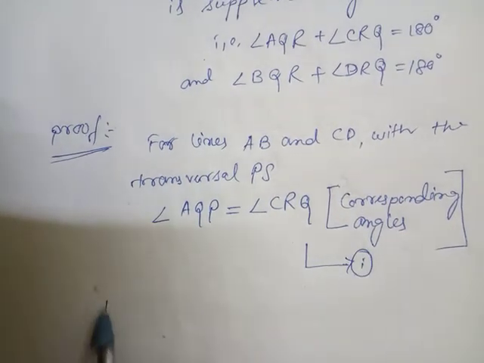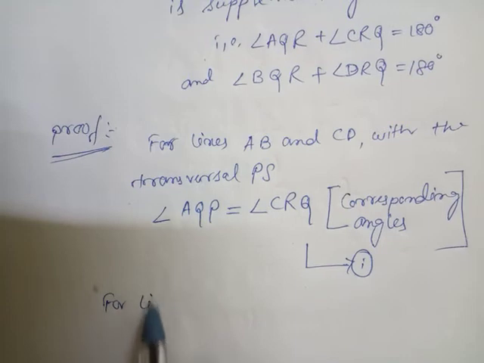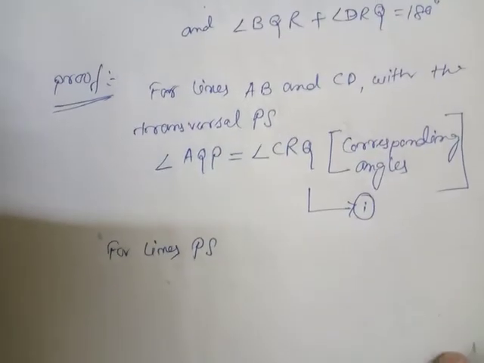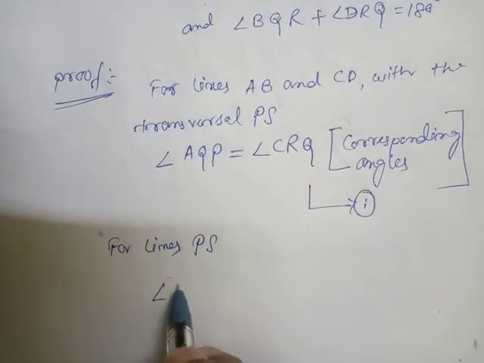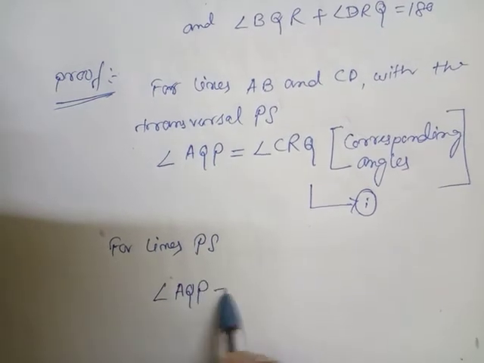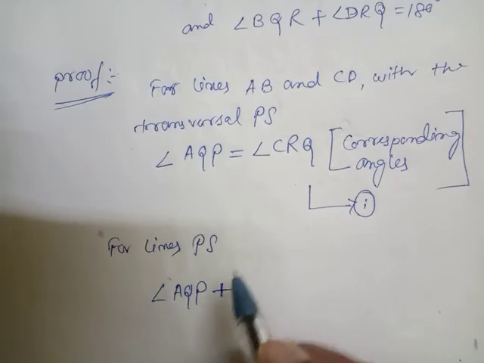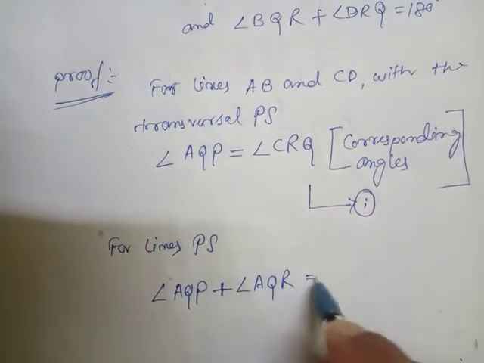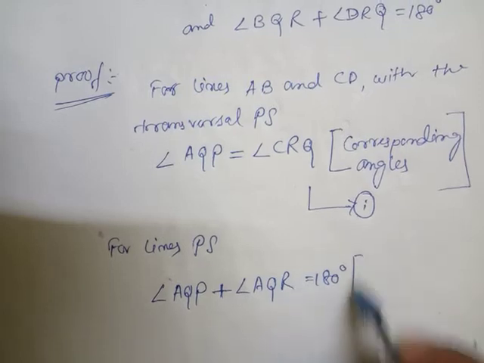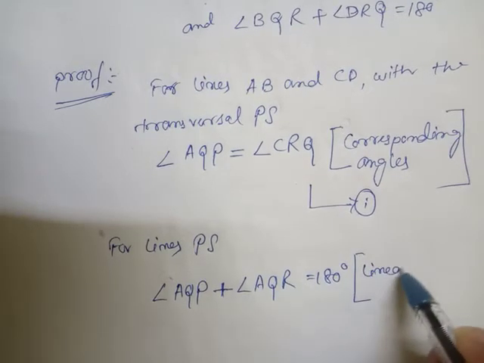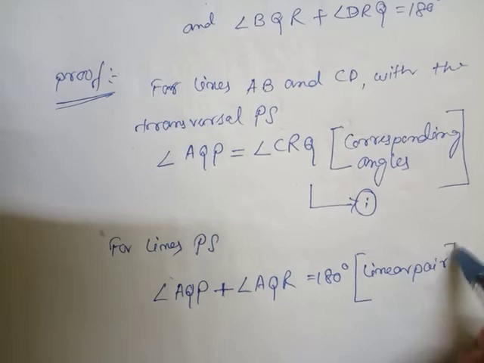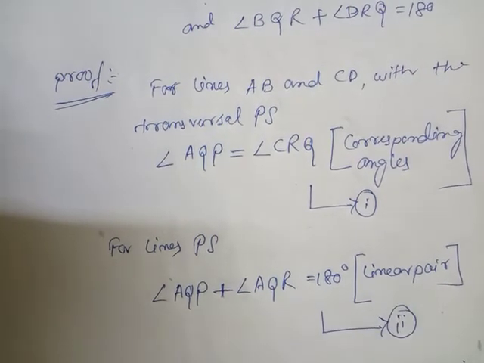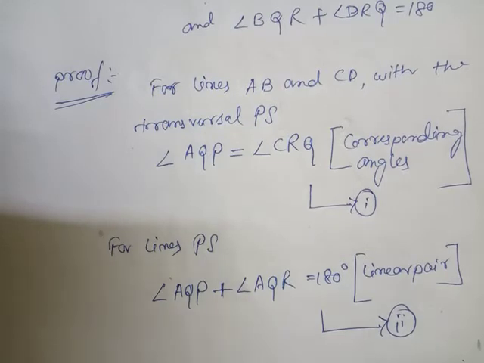Moreover, for line PS, which means for the transversal, we can write that angle AQP plus angle AQR equals 180 degrees. In brackets we will write linear pair. This is our equation number 2. Now look in the diagram first.